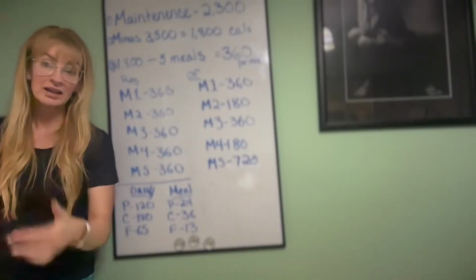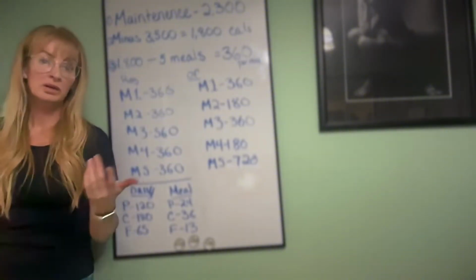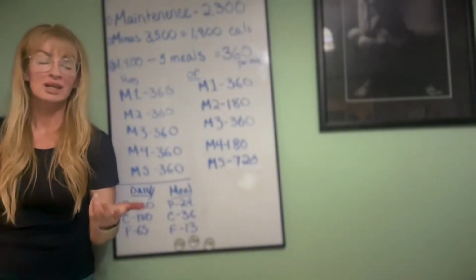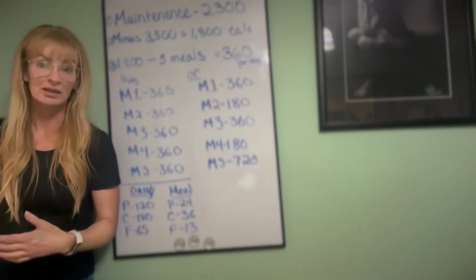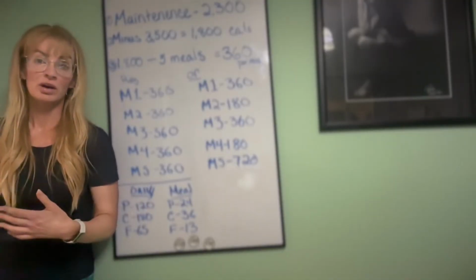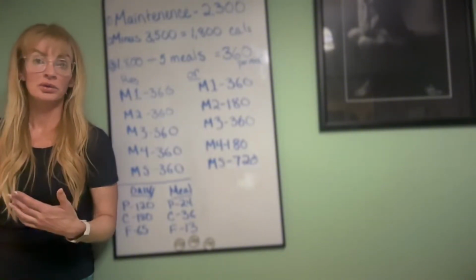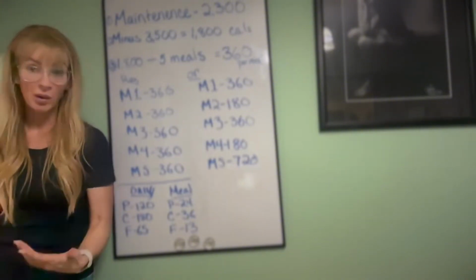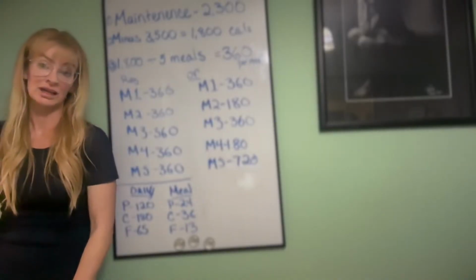Because if you're not careful and you just think, oh, well, this Twix bar, I can fit it in my macros, it doesn't mean that's going to be effective for you if you're trying to lose weight. You really want to make sure that you are paying attention, eating whole foods. And probably the biggest part of this, if you really, really want to lose weight, is pre planning your days.